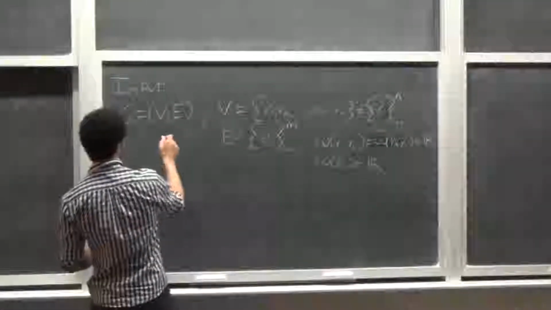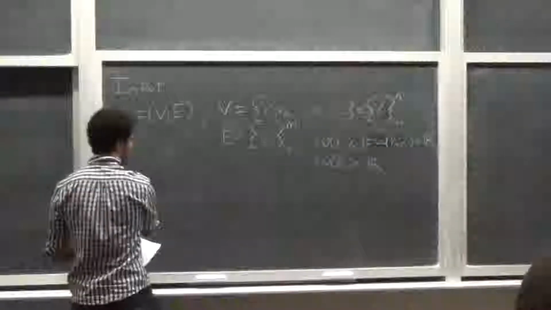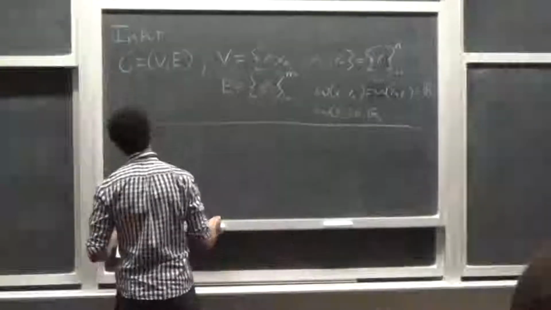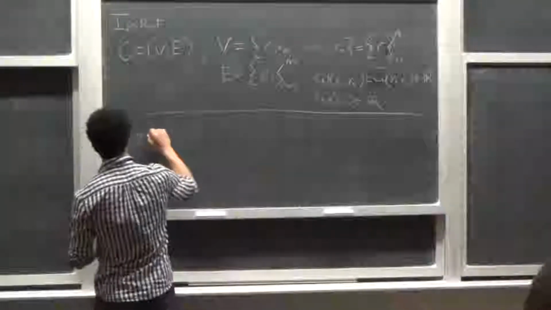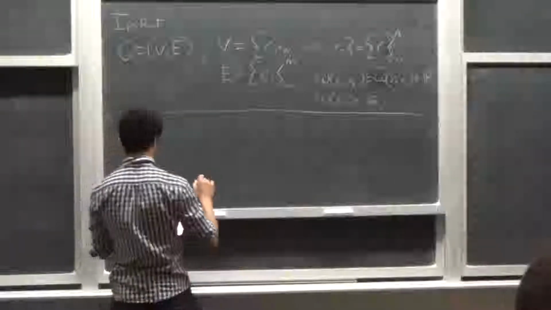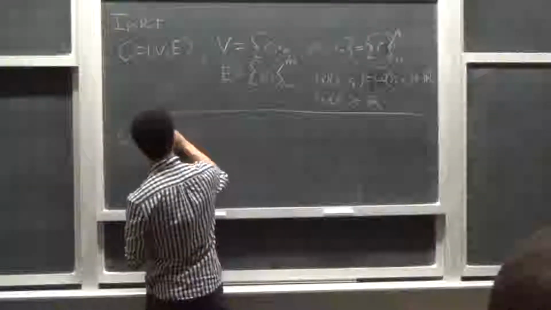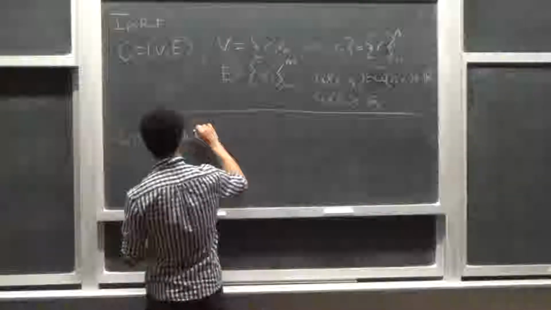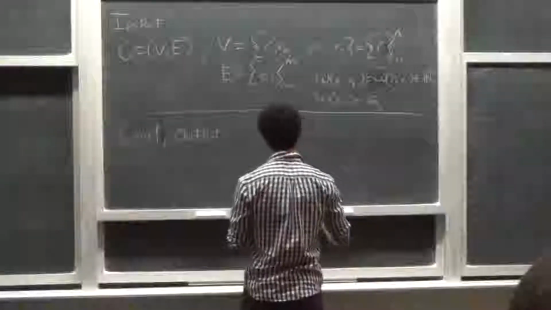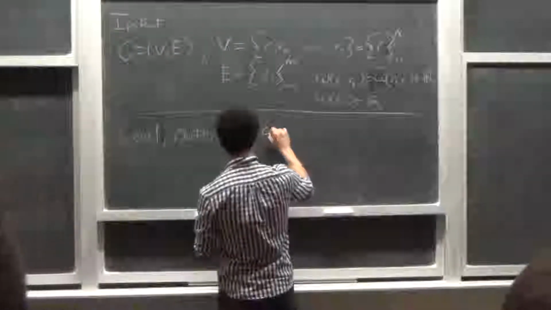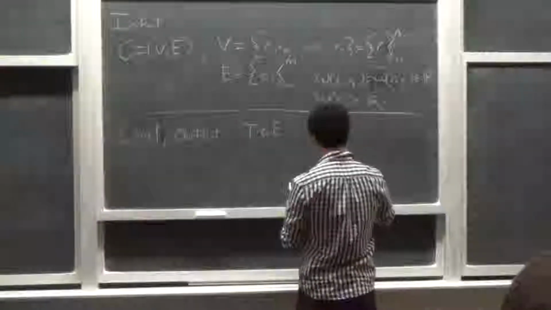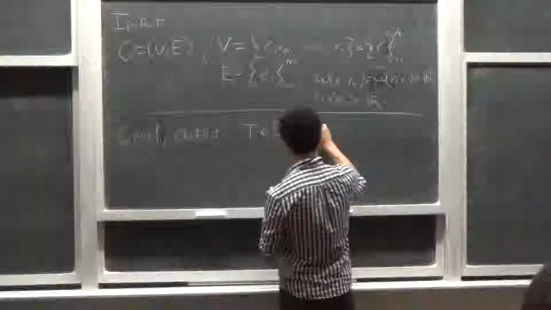So we have a goal. Our input is this. And broadly speaking, the goal is the output: some subset of the edges, such that we minimize the cost function.